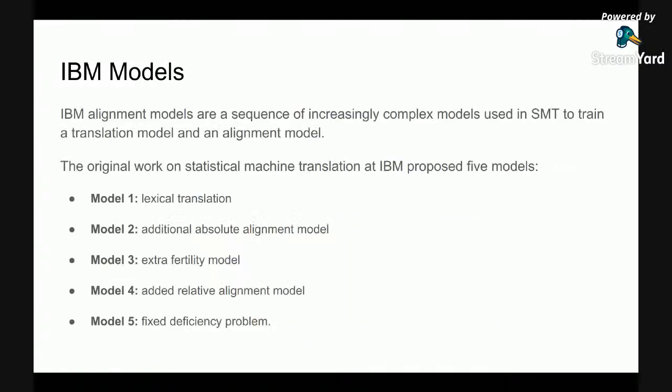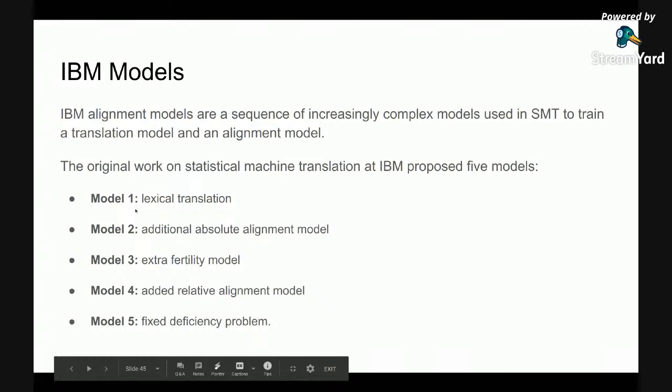Let's move to IBM models. IBM models are a sequence of complex models used in statistical machine translation to train a translation model and an alignment model. So we use these models to create a translation alignment between two texts. We have 5 models, starting from 1 to 5.